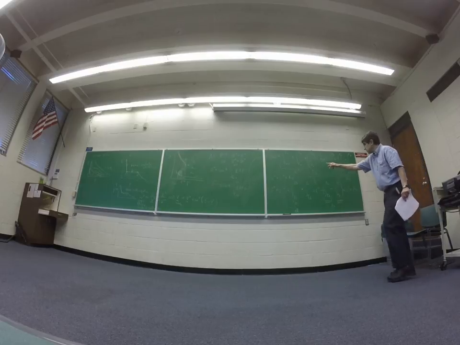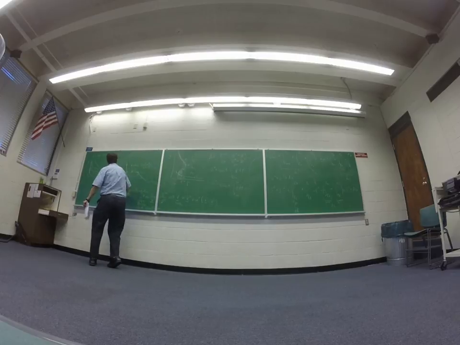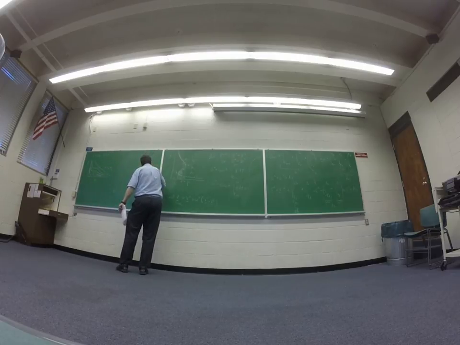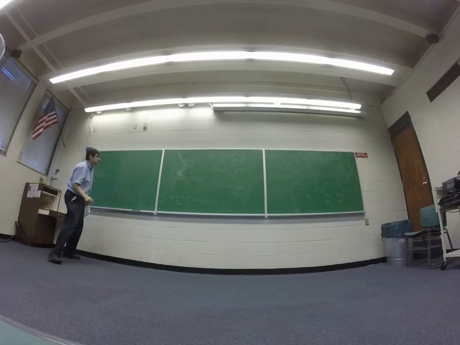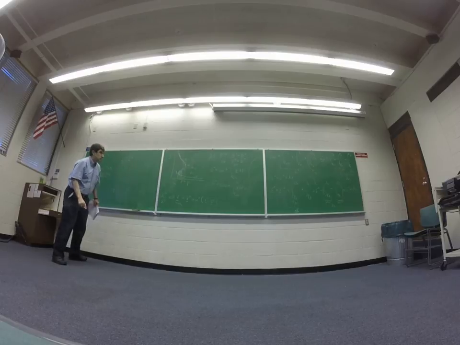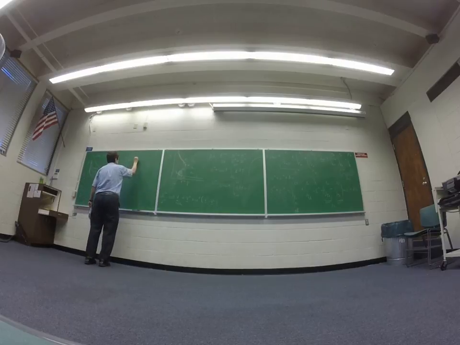So, putting them together, we get that G must equal GA. GC is GA plus A1 minus A2.